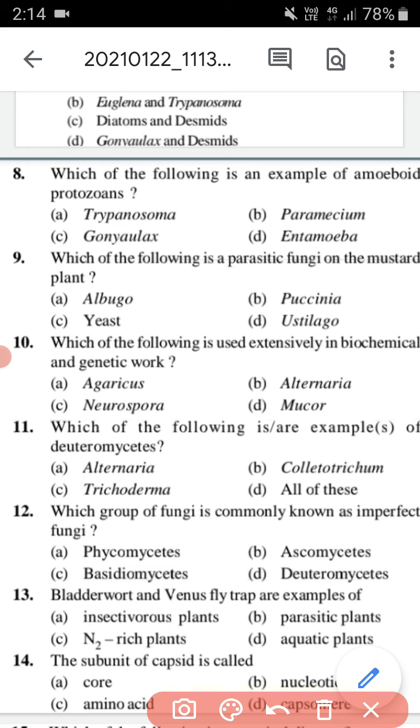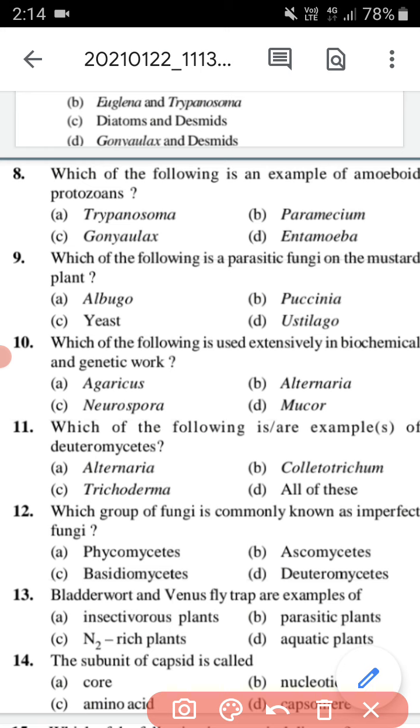So four options are given. First is trypanosoma, second is paramecium, and the third one is gonioclux, and the D is entamoeba. So the correct option is entamoeba. This is basically an example of amoeboid protozoans.